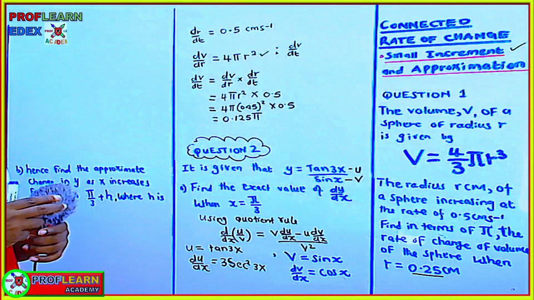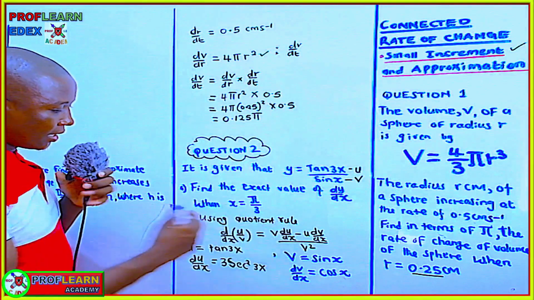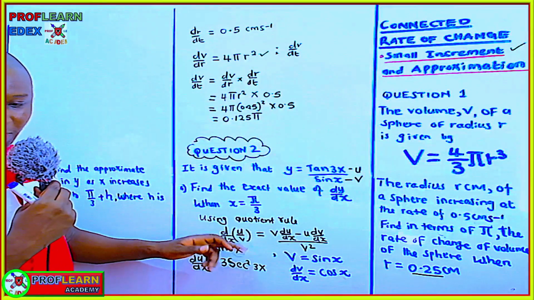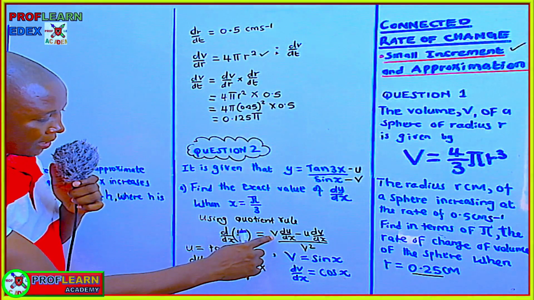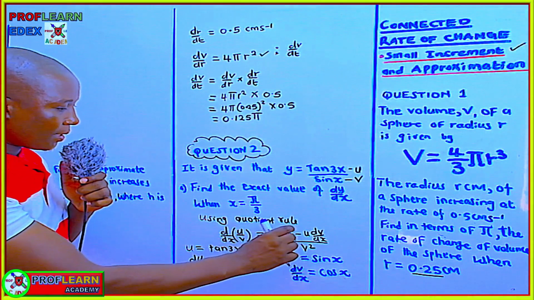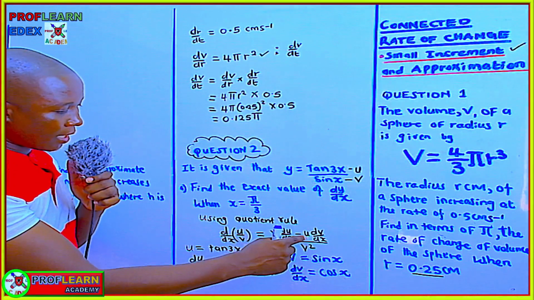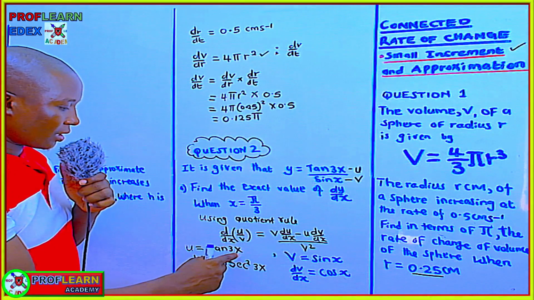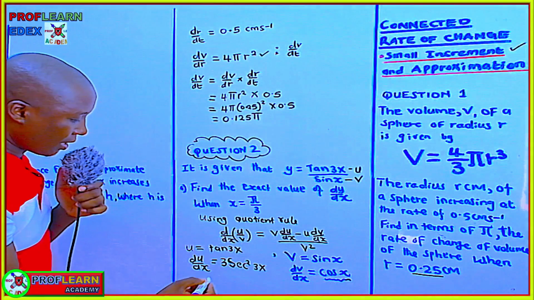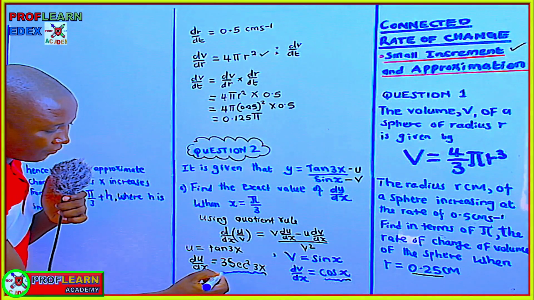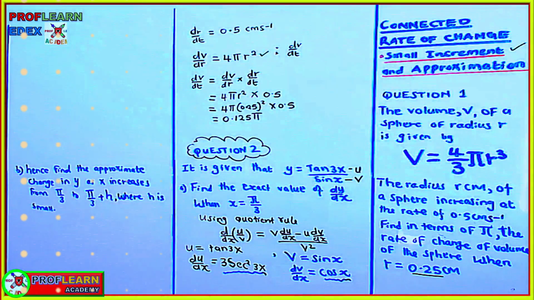Now what we have done here is just to prepare so that we can plug these functions into the quotient rule. We write what v is, then next to it we multiply du dx, then we write u, which is tan 3x, times dv dx. Now we already have du dx and dv dx, so we can go ahead and say what our dy dx is.